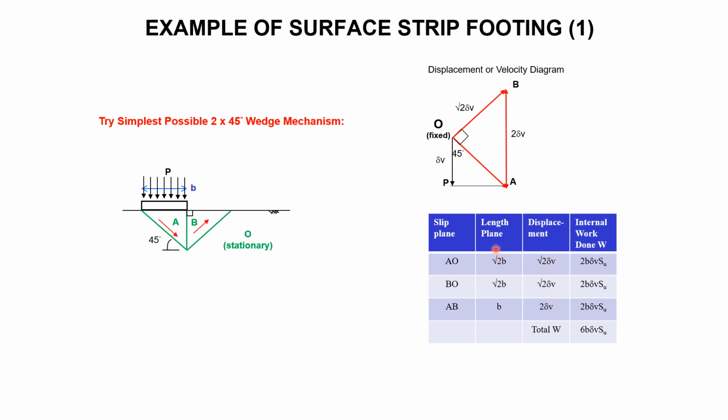Then we take the length multiplied by the strength, SU, multiplied by the displacement for each one: length, strength, displacement. Then we make a summation, and we get 6 B delta V SU.